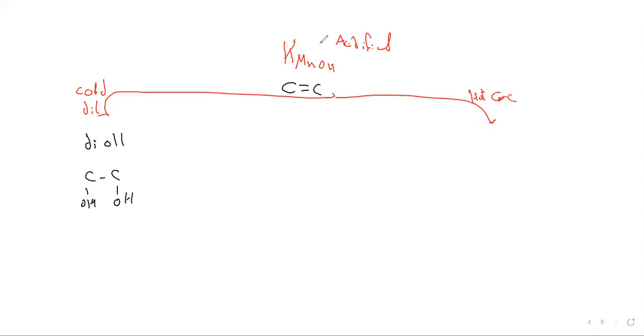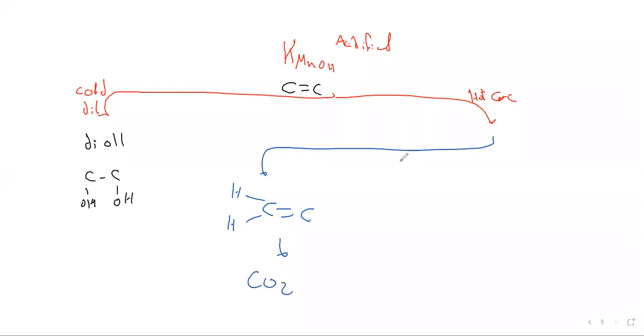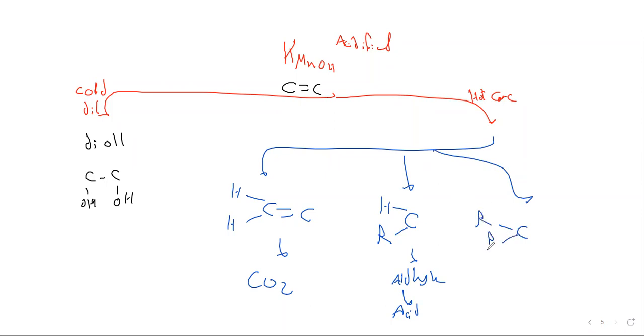it will produce, it depends on C double bond C. If it contains two hydrogen, it will produce CO2. If it contains CH and R, it will produce aldehyde, then acid. If it contains C with 2R, it will produce ketone.